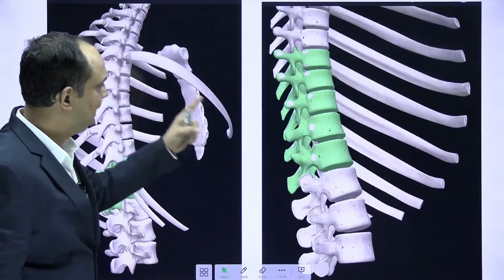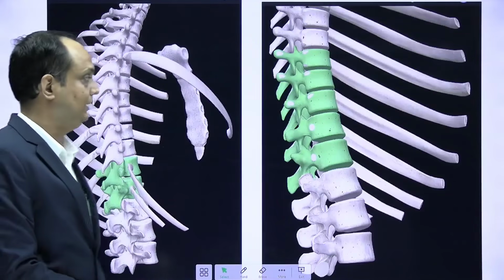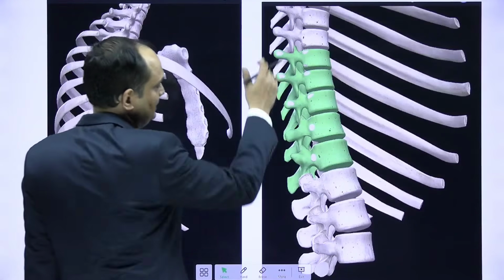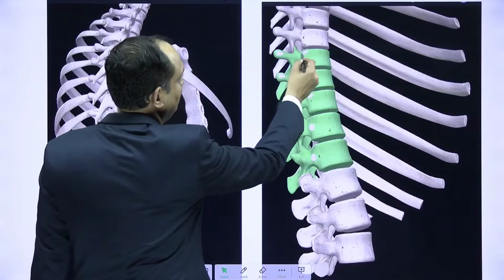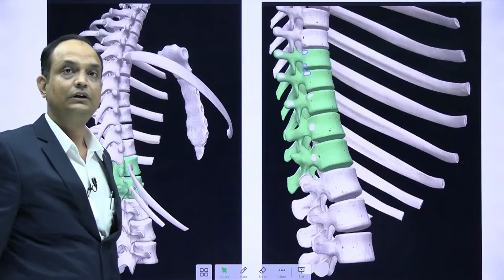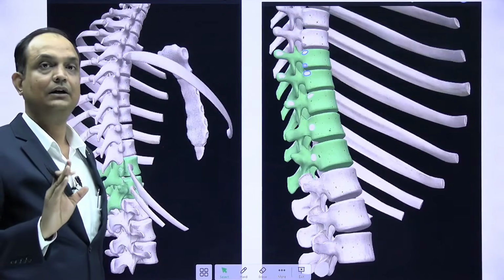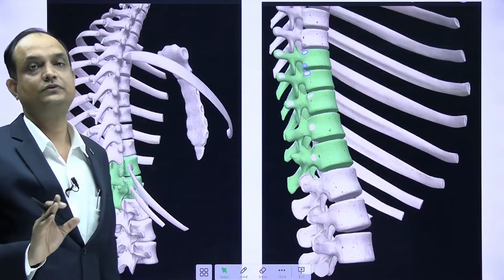Now here you can appreciate all the thoracic region vertebrae. Here what you are able to understand is that these are the facets which are present on the side of your thoracic vertebra. But I told you that facets are not present on the transverse process in all.